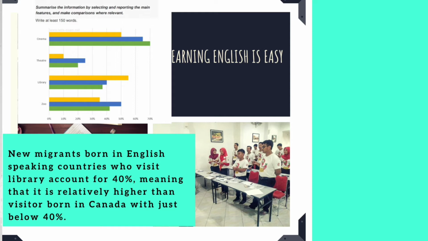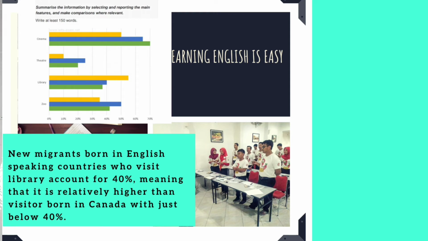New migrants born in English-speaking countries who visit library account for 40%, meaning that it is relatively higher than visitor born in Canada with just below 40%. I used relatively higher, sedikit lebih tinggi. Okay, because the gap is 40% and just below 40%. It's not big differences. Okay.